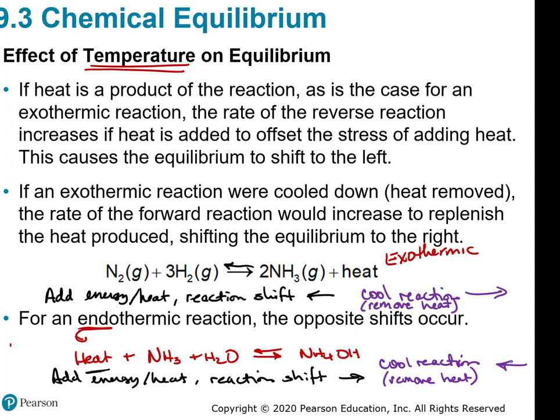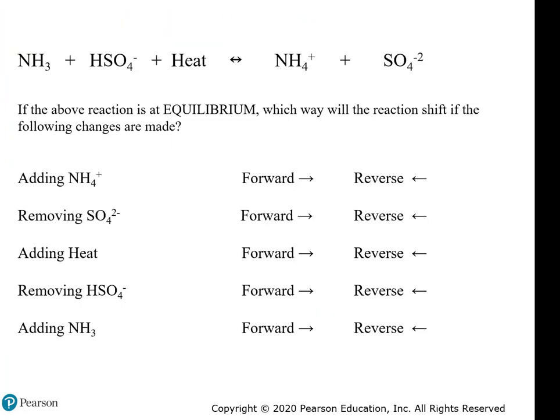So if I give you an example, I don't expect you to finish or complete a reaction in these, but if I give you an example like this one, NH3 plus HSO4 minus plus heat forms an equilibrium with NH4 plus and SO4 2 minus. You see that the reaction goes in both directions.